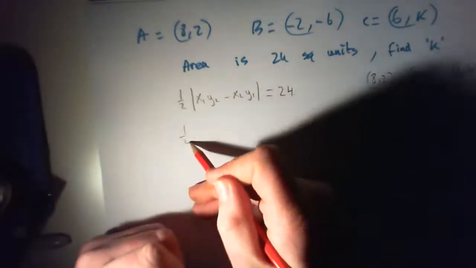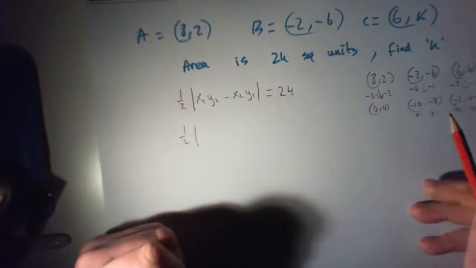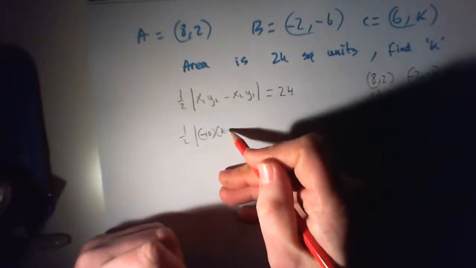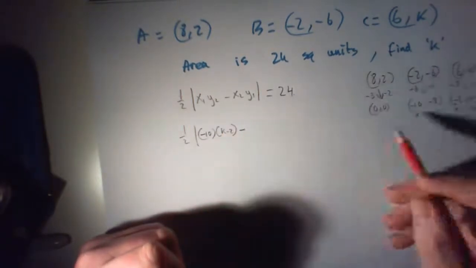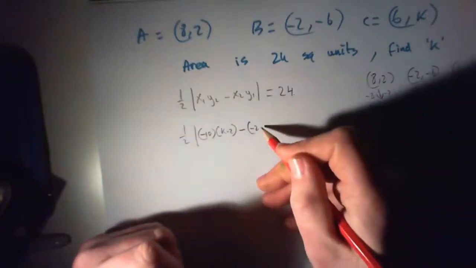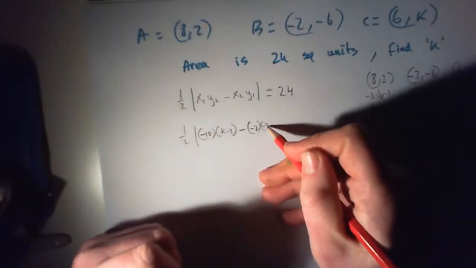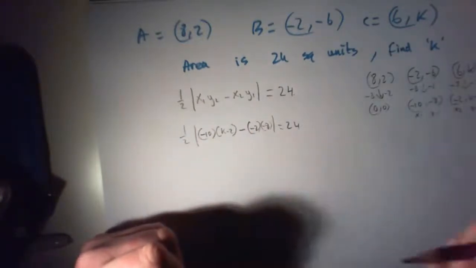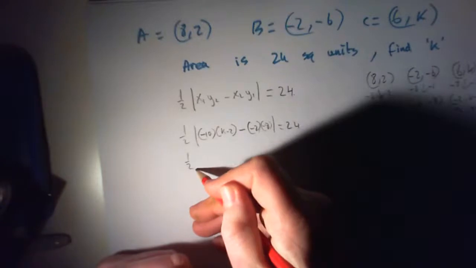So we have half of x1, y2, minus 10 by K minus 2, minus x2, y1, and it has to be equal to 24. Looks a bit messy, but it will come together like everything, okay?